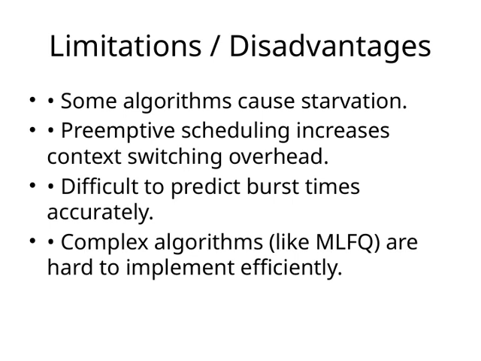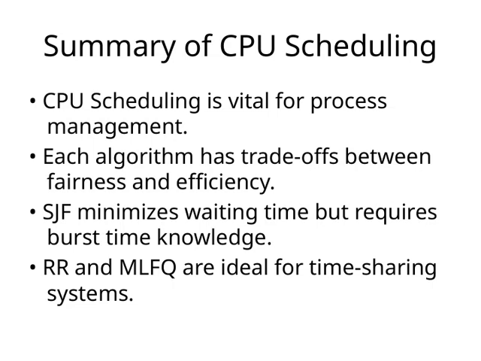Their complexity can make them difficult to tune and maintain, especially in real-world systems where simplicity and reliability are key. Overall, while these algorithms are designed to improve process management, understanding their limitations helps us choose and optimize them effectively in practical scenarios. Let's wrap up with a quick summary of CPU scheduling.